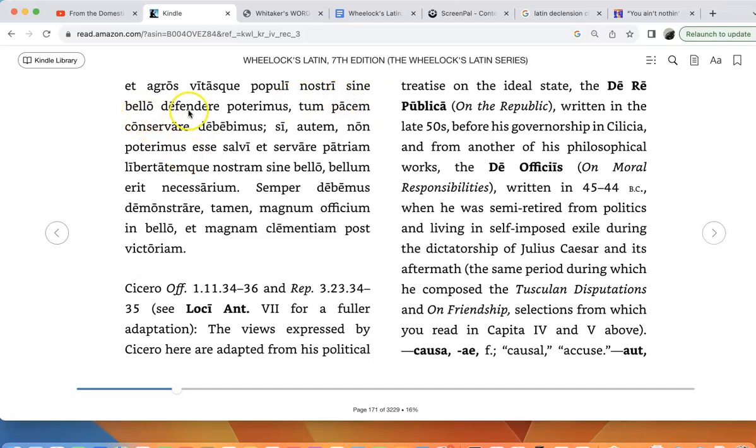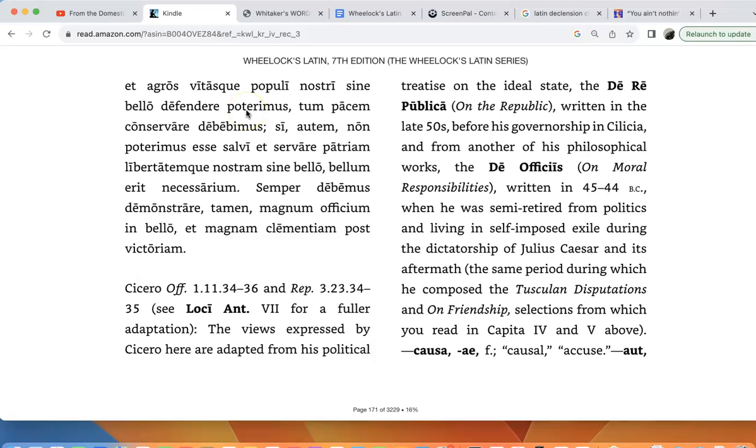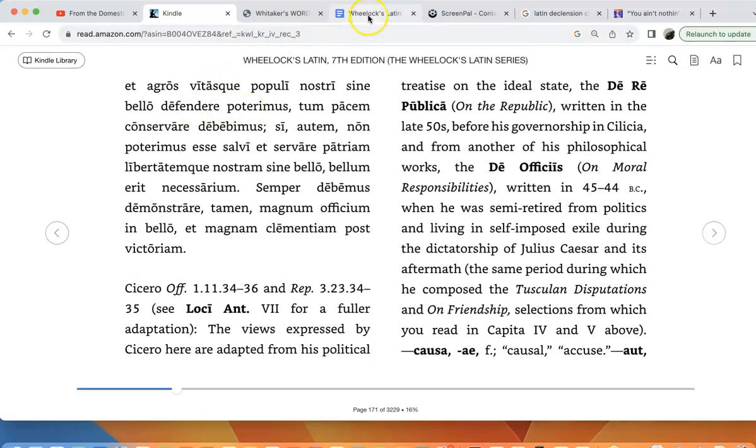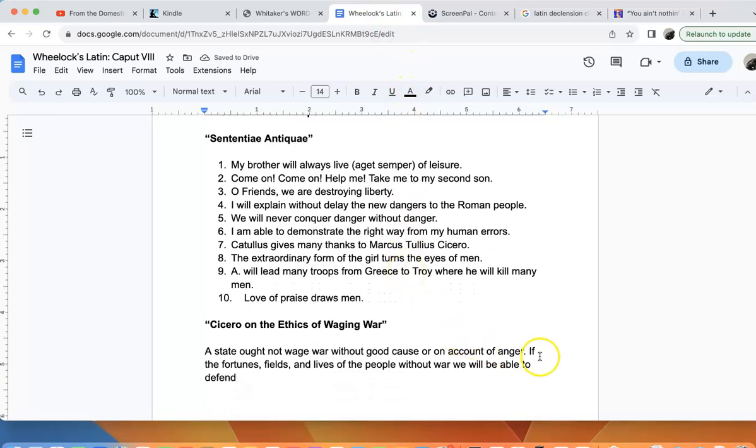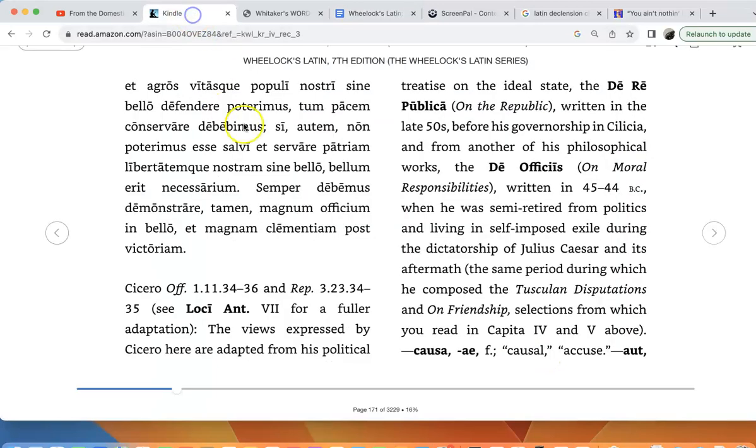Without war, we will be able to defend. So we may have to change the word order here. So without war, we will be able to defend. So in this case, we'd probably have to say, because notice that poterimus is future tense.